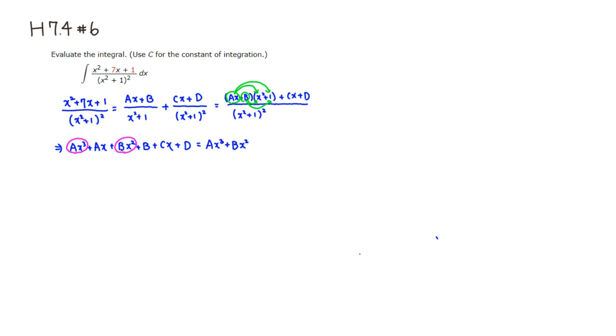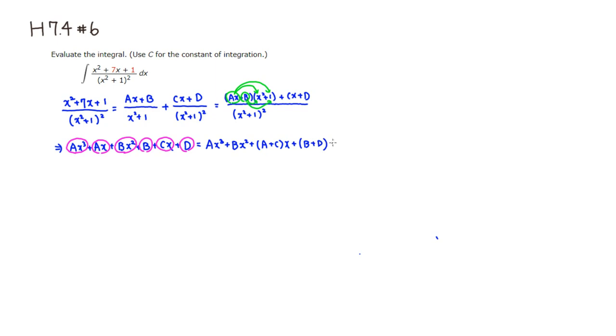And then we have x terms, so you have ax and cx. So we're going to have a plus c times x. And then we have constant terms b and d. So we're going to have b plus d.